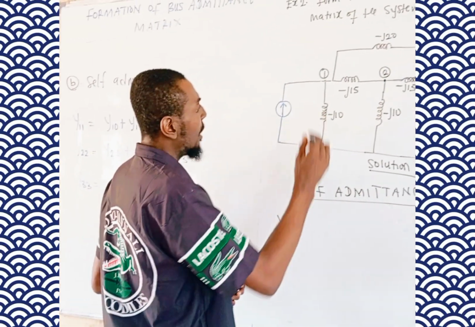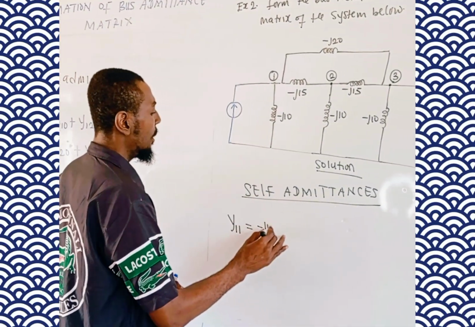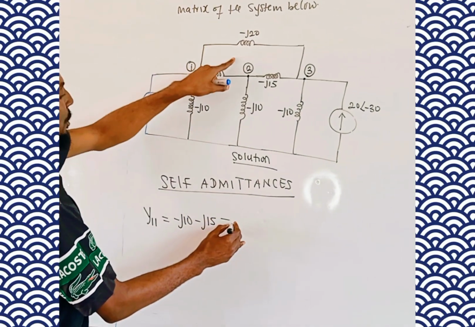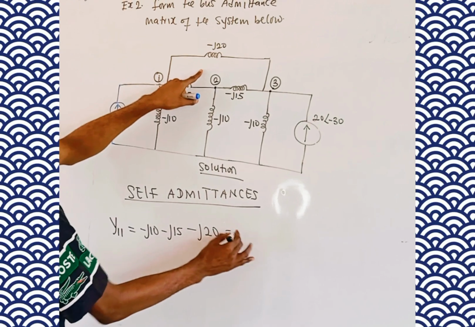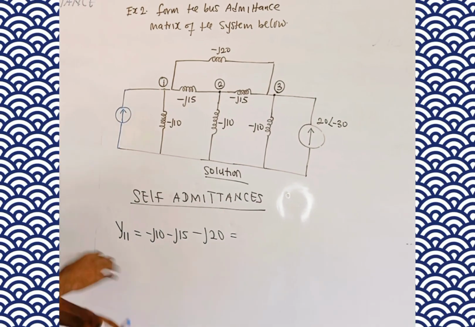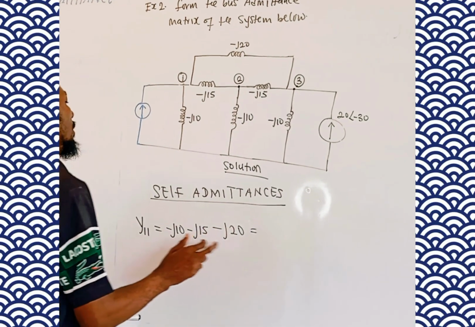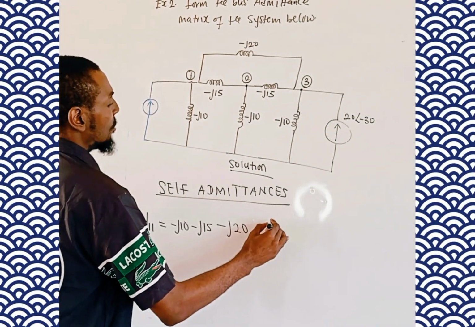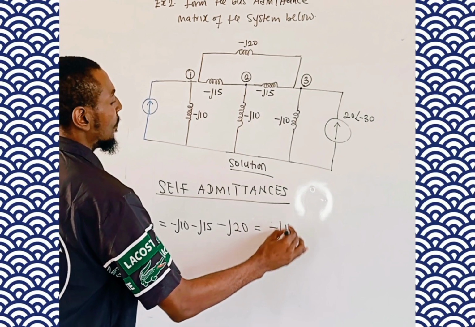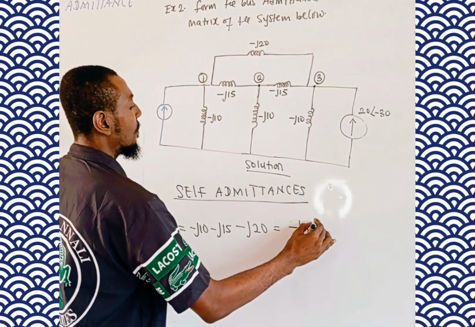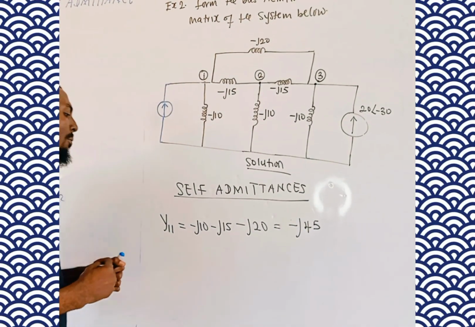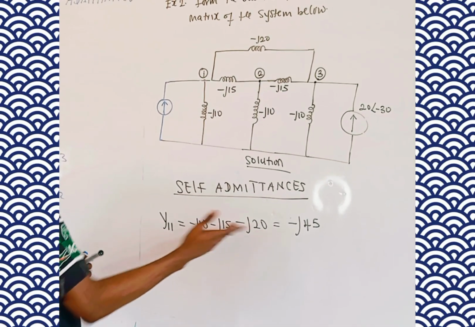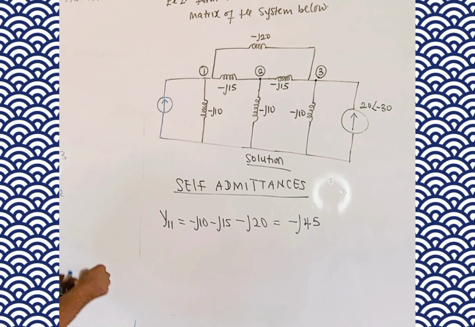Adding them up: 10 plus 15 plus 20 gives minus J45.